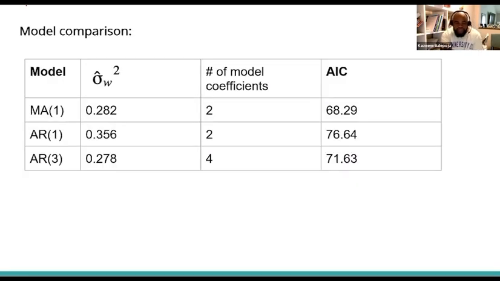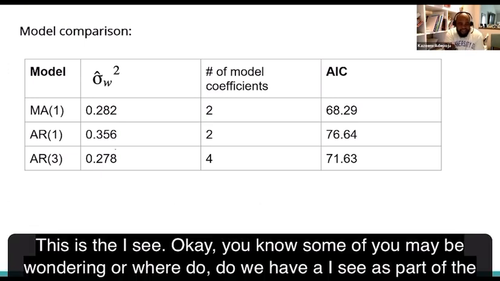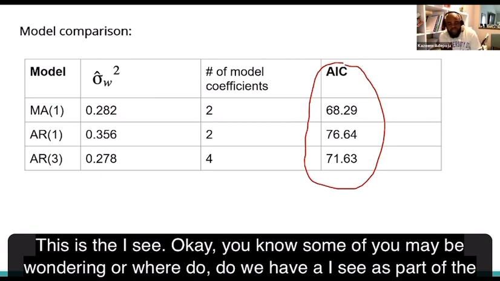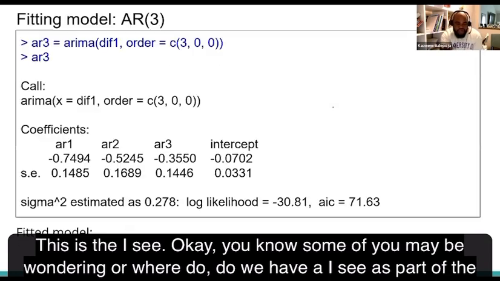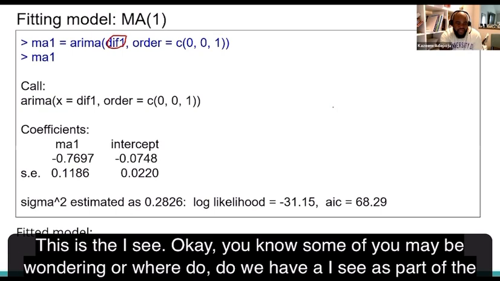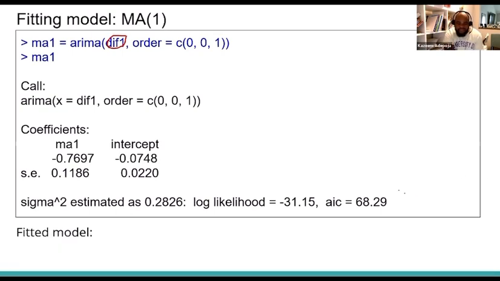So because of that, we now need to compare the AIC. Some of you may be wondering, where do we have AIC as part of our output? Let's go back. I'm going to show you now. Take a look at this here.